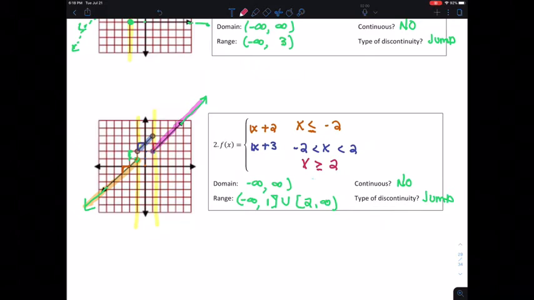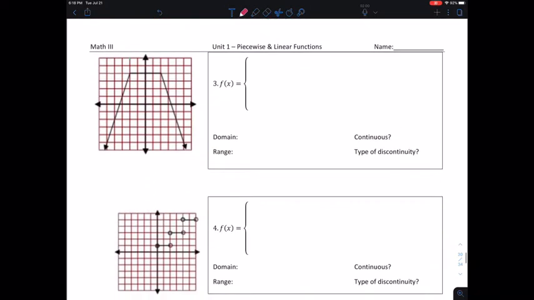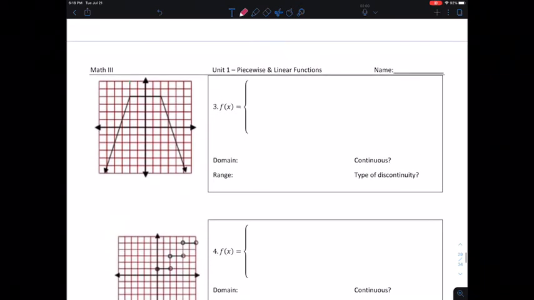So once again, our slope is 1. Our y-intercept, if we were to continue this line, we would go down 1 and over 1, and our y-intercept would be there. So it's plus 1. Okay? So it's easiest for these if you can find the y-intercept. Now, that's not always the case.